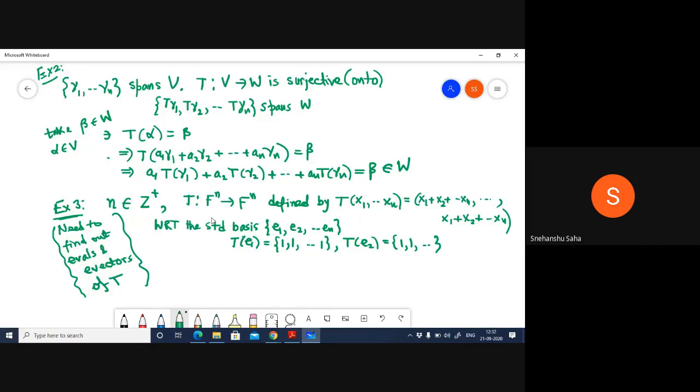With respect to the standard basis, this operator is outputting a matrix which consists of all ones. Because when you apply T on E1 and get 1, 1, 1, what is this? This is just a column vector of the matrix of the linear transformation. So your eventual matrix has all columns as 1, 1, 1, or all rows as 1, 1, 1.